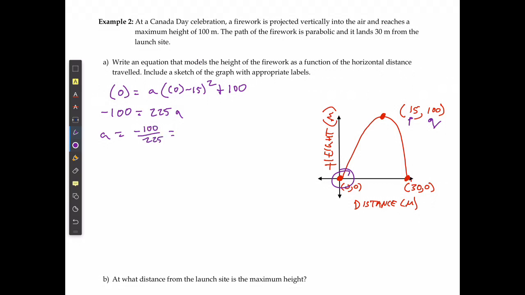I can divide both of these by 25 and get negative 4 over 9. So my equation for this is going to be y is equal to a, which is negative 4 over 9, bracket x minus p, which is 15, squared, plus q, which is 100.